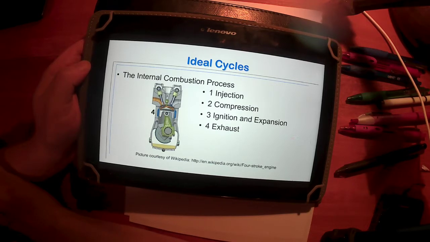It can be done, but if you've ever pushed a lawnmower with a single cylinder, most push mowers have a single cylinder, and you hit a rock and all of a sudden it stops, it's because that rock catches it at one point in the cycle where it's not in the power stroke, and you just stop the engine. And you have to dislodge the rock and restart the cycle.